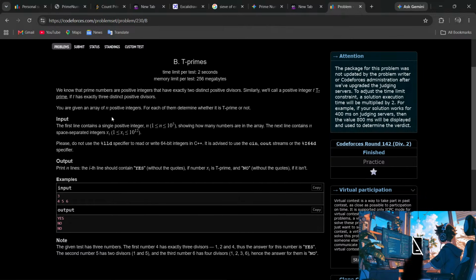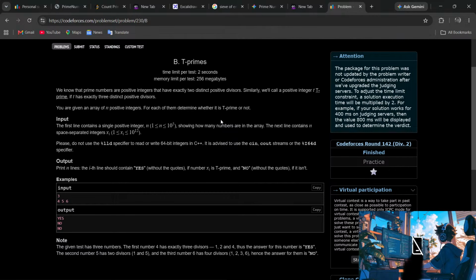You are given an array of n positive integers; for each of them determine whether it is t prime or not. Okay, so I have to tell if that number is a t prime.